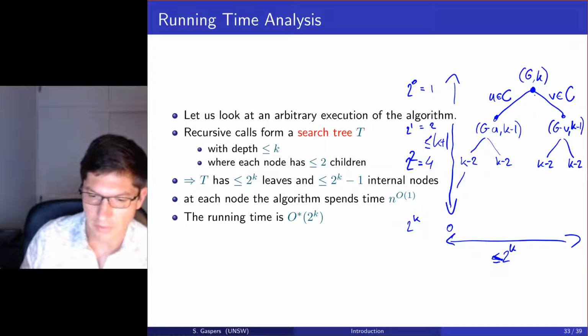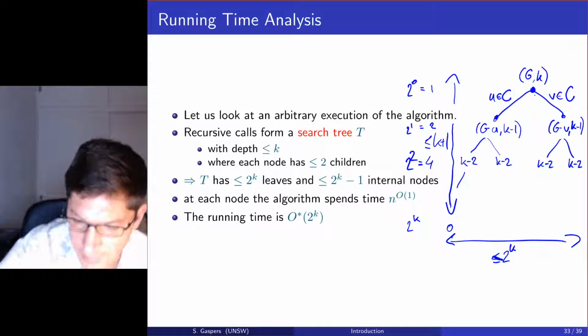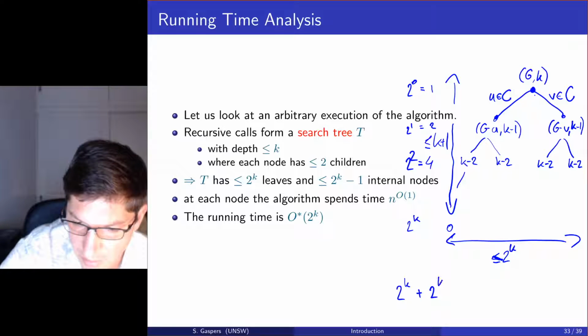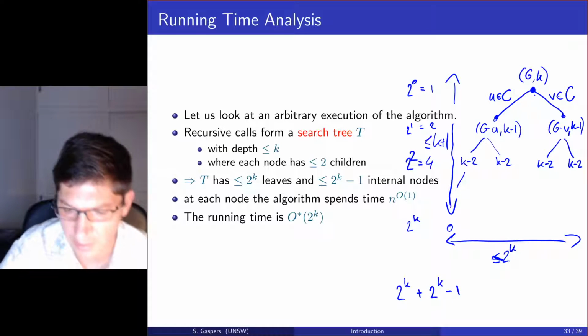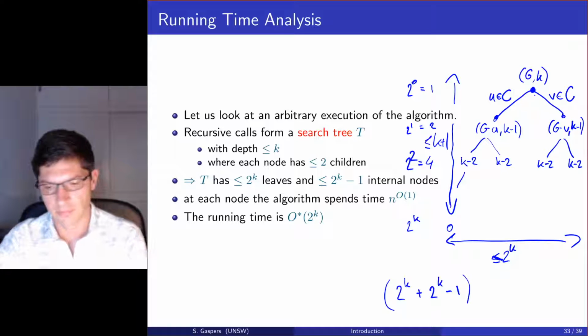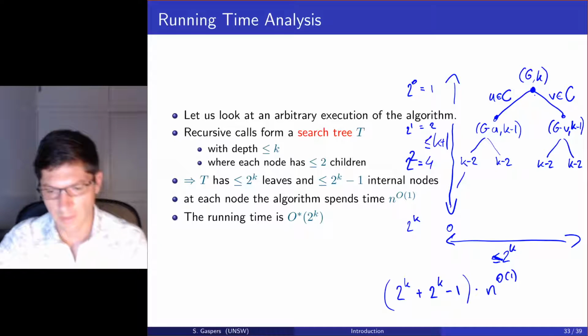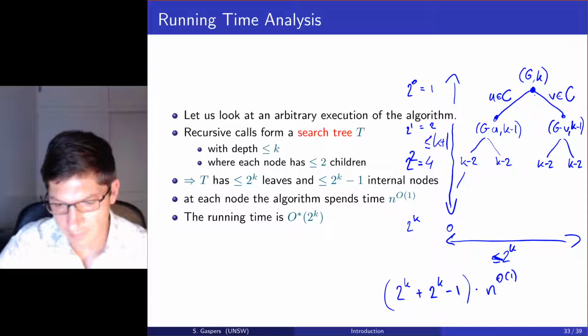So in total, the running time is, well, we have 2 to the power k leaves, we have 2 to the power k minus 1 internal nodes, and at each of these vertices of the search tree, we spend polynomial time. So what is this?